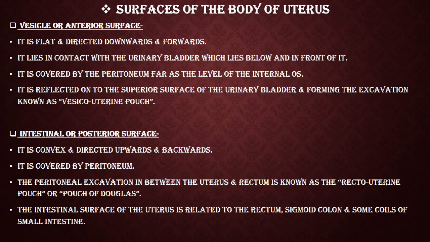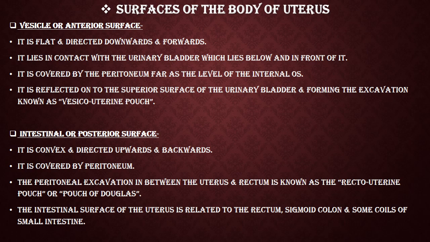It is covered by the peritoneum as far as the level of the internal os, from where it is reflected onto the superior surface of the urinary bladder, forming the uterovesical fold. The excavation between the bladder and uterus is known as the vesico-uterine pouch.